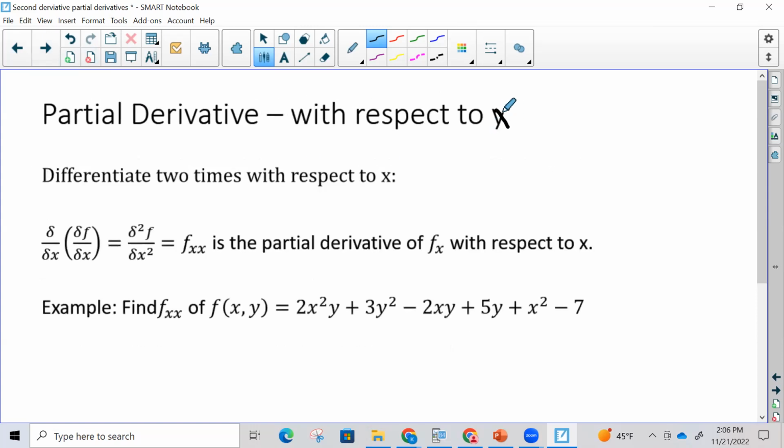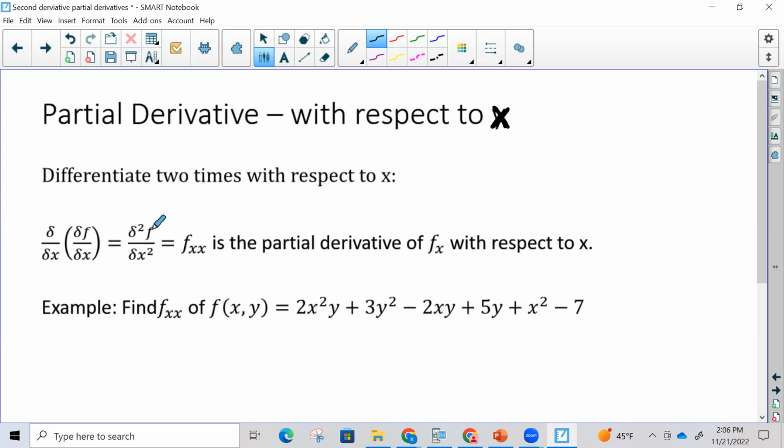So for our partial derivative, the first one we can do is with respect to x. We could differentiate two times with respect to x. There are different notations. What we're doing is taking our partial with respect to x and taking the derivative again with respect to x.